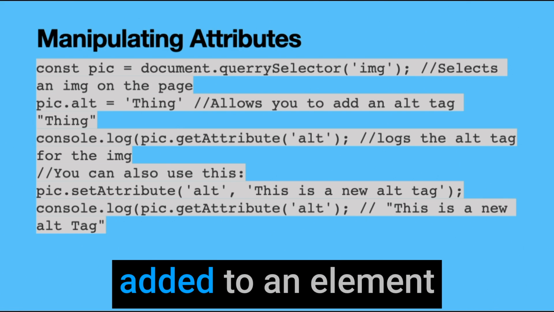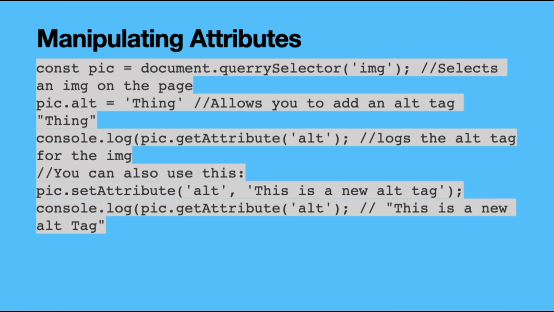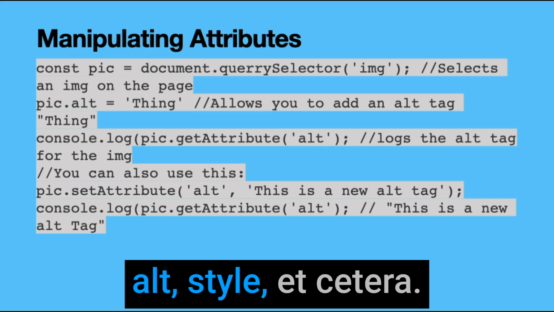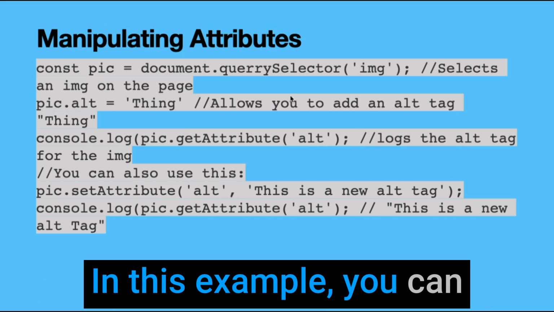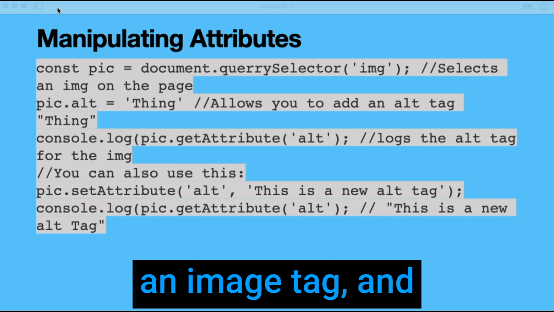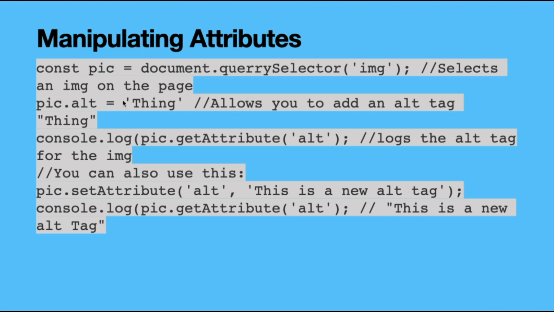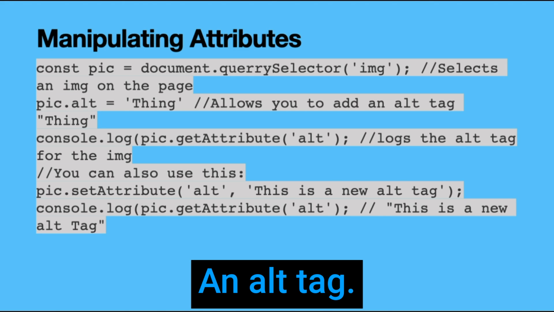Attributes are anything added to an element that provides more information to the element. Class, href, ID, source, alt, style, etc. are all examples of attributes. In this example, you can see that we selected an image tag, and then we use the property .alt to create it, and we're adding an alt tag.